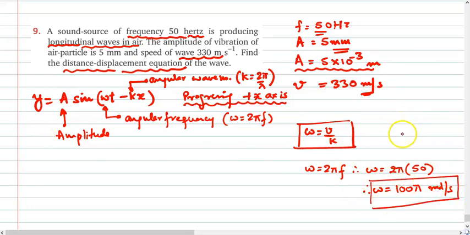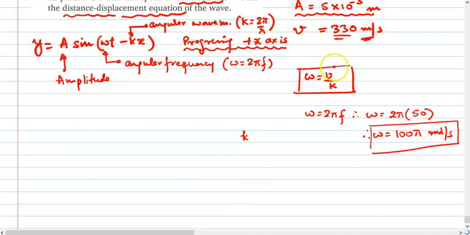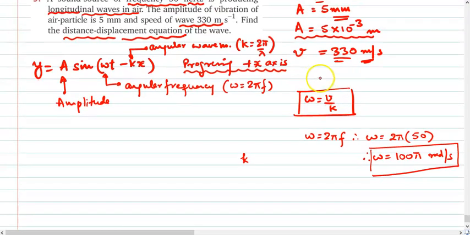A is already known to us, velocity being given as 330 meter per second, and you know k is equal to, a correction over here, it's not omega equals v by k, v is equal to omega by k, therefore k is equal to omega by v.